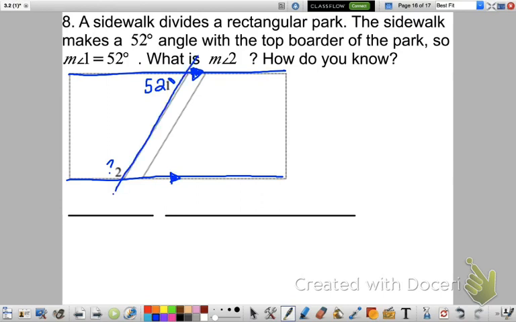And since this is perfectly a rectangle, our two lines up top and bottom would be parallel, and we would have the edge of the sidewalk as our transversal. These are consecutive interior angles, so that means they're supplementary. And when we subtract 52 from 180, we get 128.